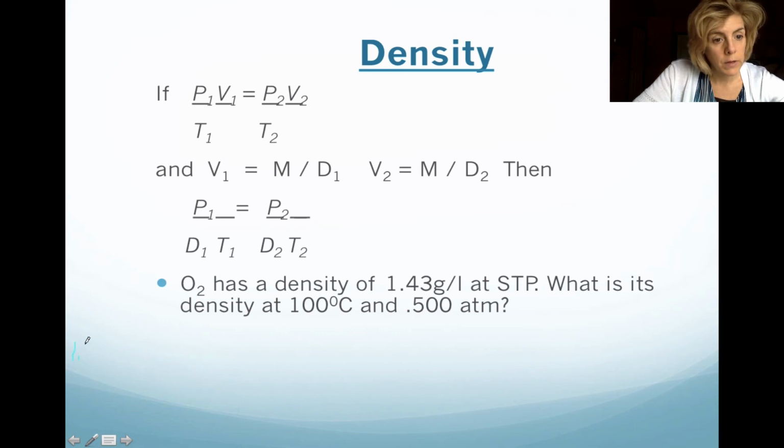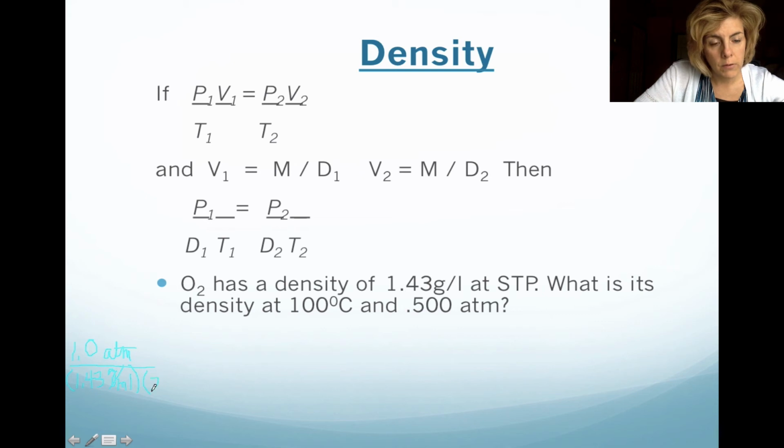You put pressure on top, so 1.0 atm divided by the density, which is 1.43 grams per milliliter, times temperature.